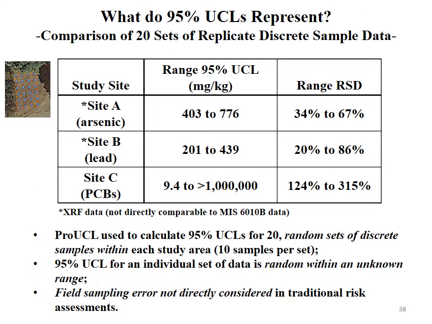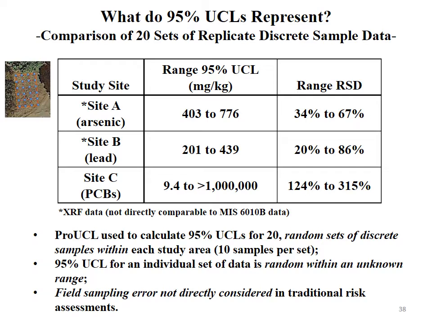Let's look at that. At each one of our study sites, again, we had hundreds of discrete samples from 24 points at each site. What we did is we put together random sets of 10 samples each for each study site. We did this 20 times for each of the study sites, so 20 sets of replicate discrete sample data. We calculated a 95% UCL using ProUCL for each one of these 10-point sets and compared those.